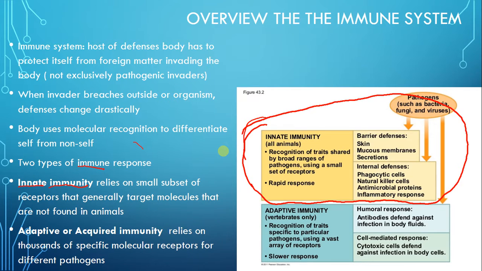Things we'll be talking about are barrier defenses and internal defenses. Some characteristics of innate immunity are recognition of traits shared by broad ranges of pathogens, and it's a rapid response. So this top part of this infographic is what we're going to focus on today. Next time, the bottom part.